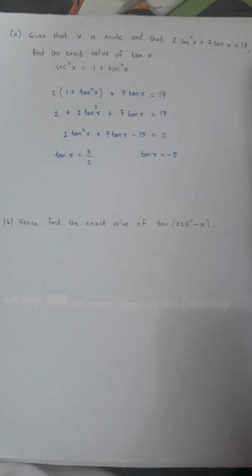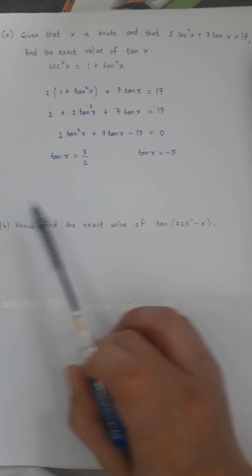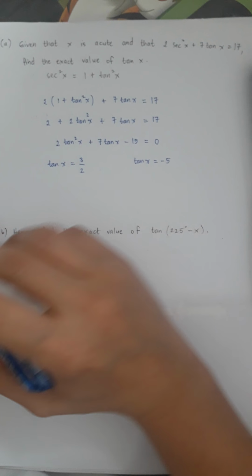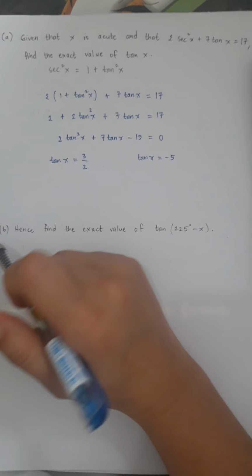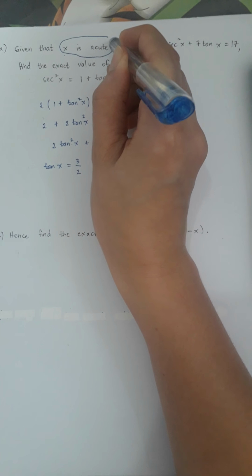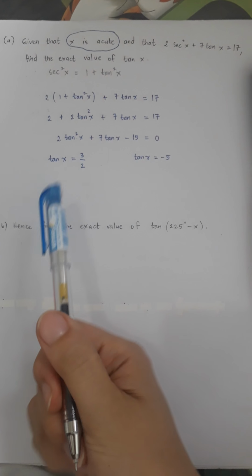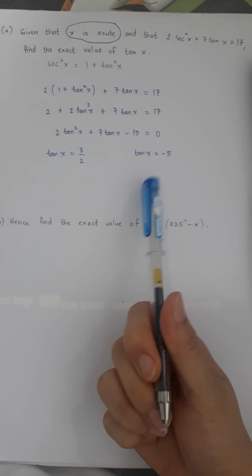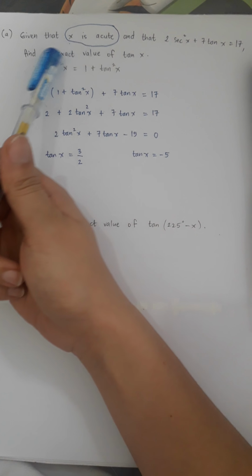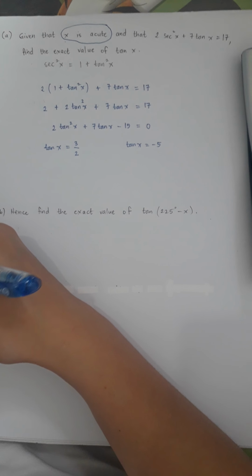Okay. So at this point, we will pause and we go back to the problem because there is a given information about x. It says that x is acute. So what does this mean, that x is acute? Here we have two values for tangent x. So when x is acute, that means angle x is found in the first quadrant.